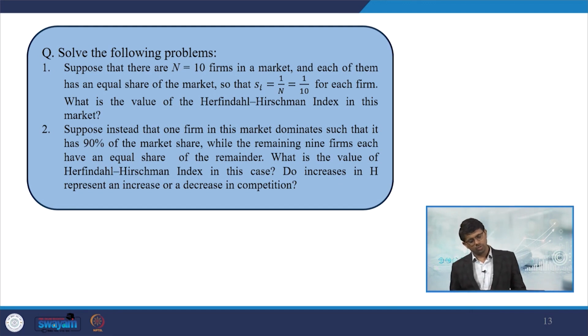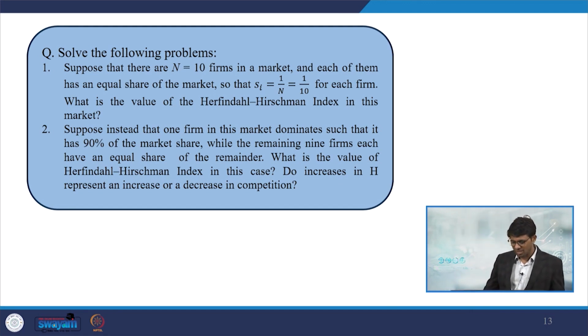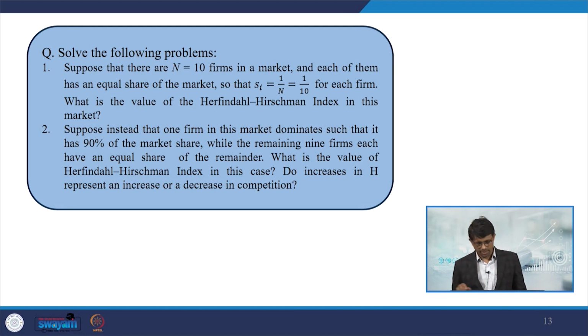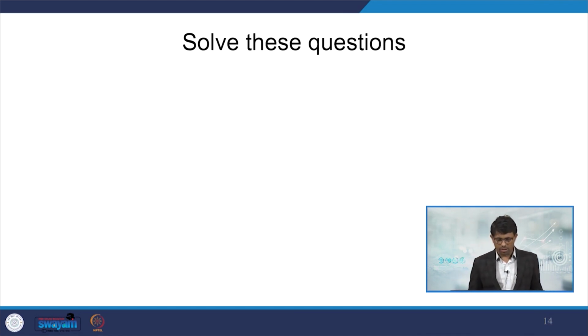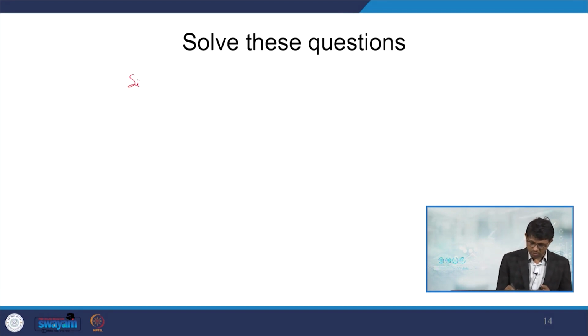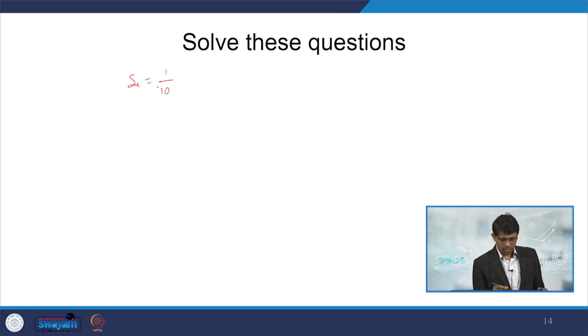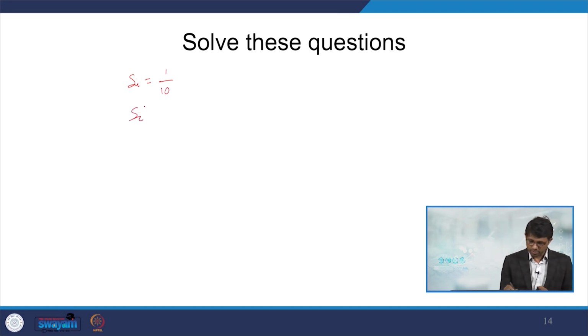Now, as I already told you, HHI has to be calculated as the sum of Si squares, isn't it? So here Si is equal to 1 upon 10 for each firm. So S1 square plus S2 square plus S3 square, etc., till S10 square.